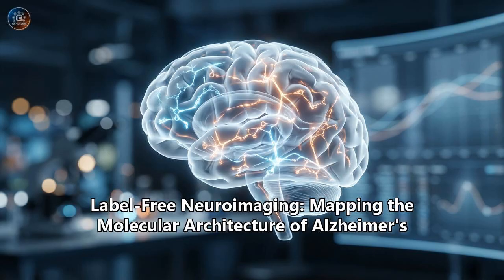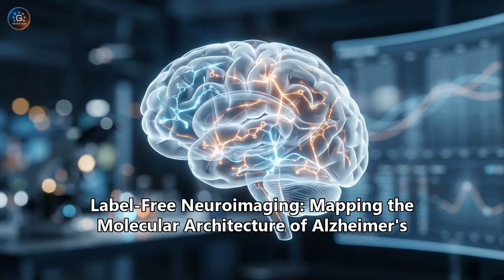In doing so, we so often end up studying an artificial artifact of our own clumsy creation rather than the actual, living biological reality. Alzheimer's disease, with its incredibly delicate interplay of misfolded proteins, shifting lipid metabolism, and highly localized neuroinflammation, simply demands to be understood in its native, completely unperturbed physiological context.